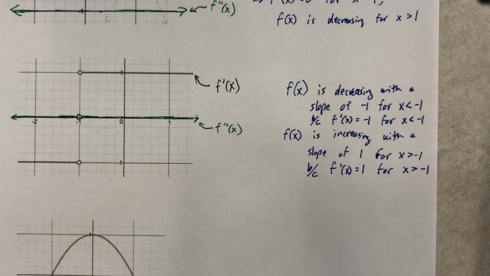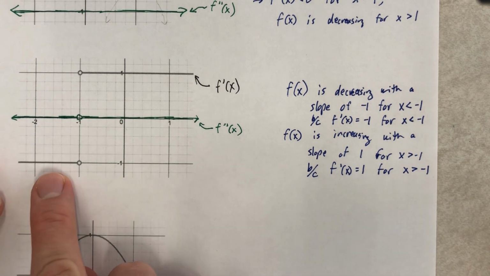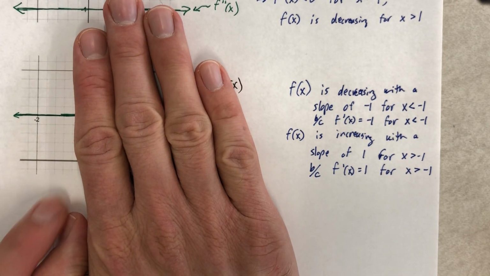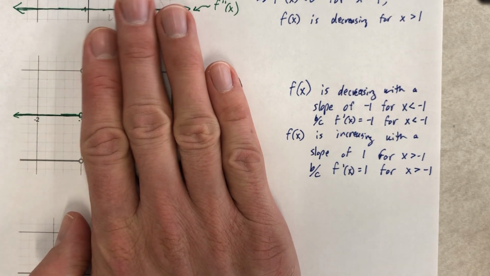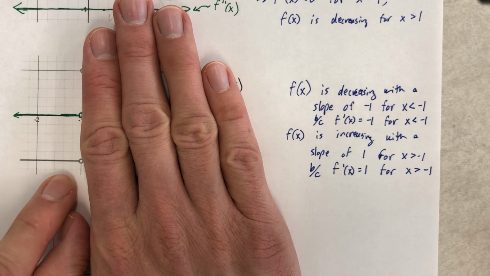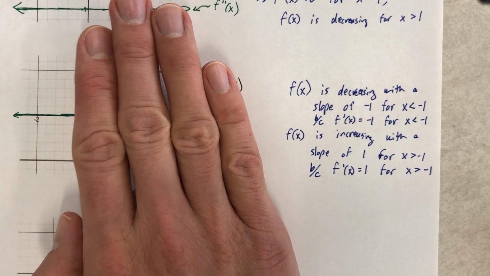Okay, so let's talk about it one more time. Derivative. I want the original function. The derivative is consistently -1 for this interval. Therefore, whatever graph I'm about to draw better be a line, constant slope, with a slope of -1.